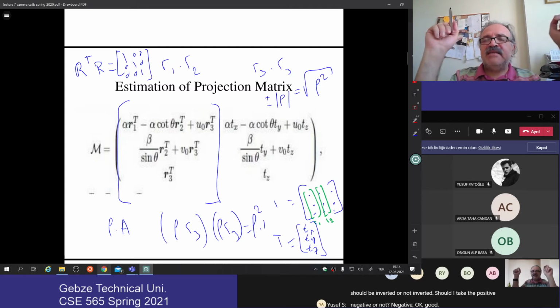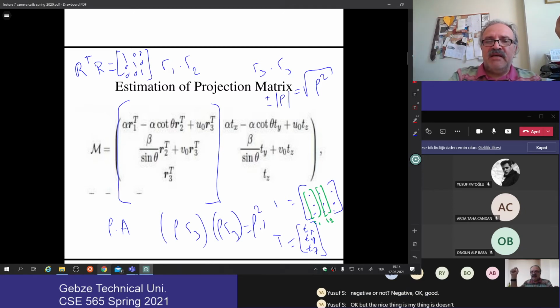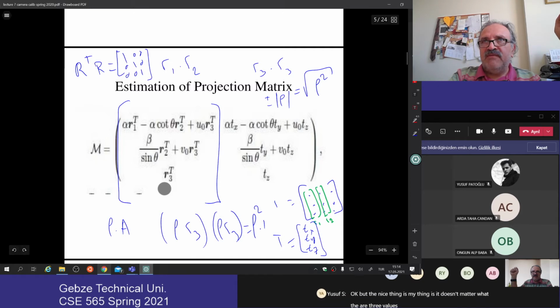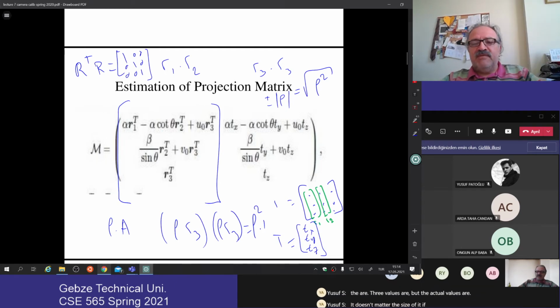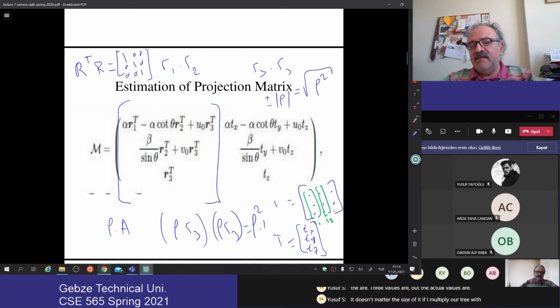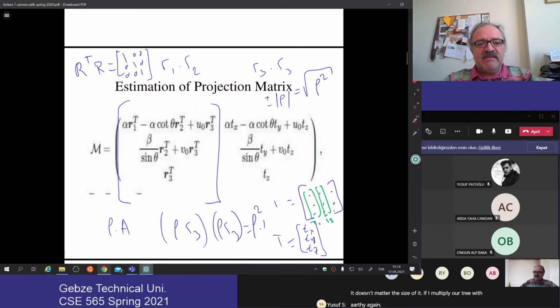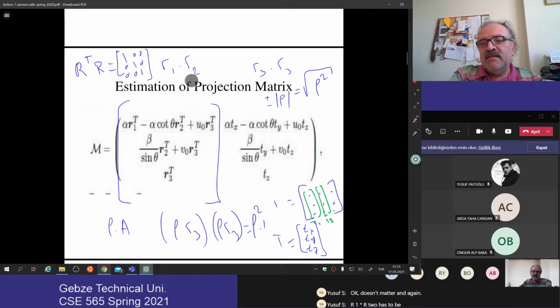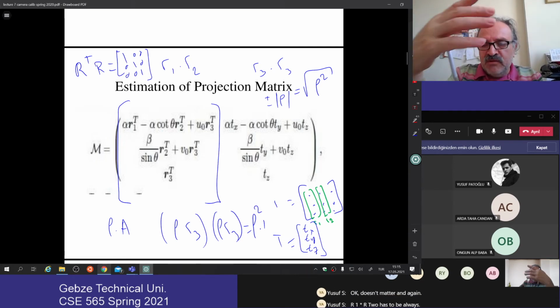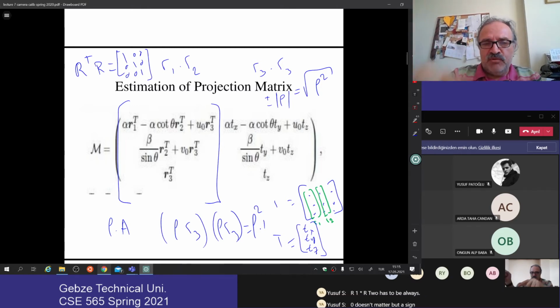The nice thing is, it doesn't matter what the R3 values are, it doesn't matter the sign of it. If I multiply R3 with R3 again, negative and positive doesn't matter, I should get 1, always 1. And again, R1 times R2 has to be always 0, doesn't matter what the sign of this R1 and R2 is.